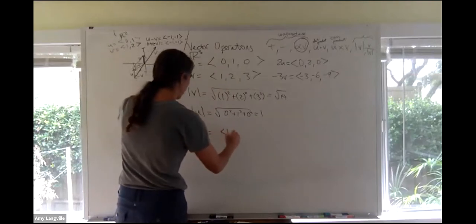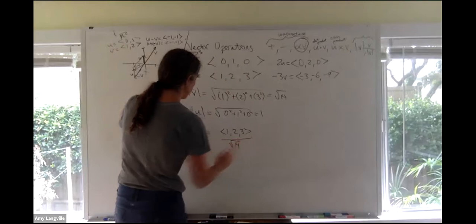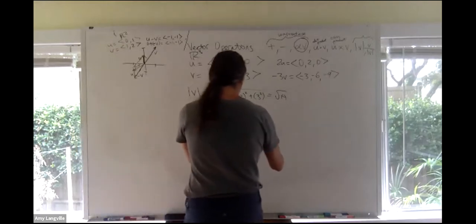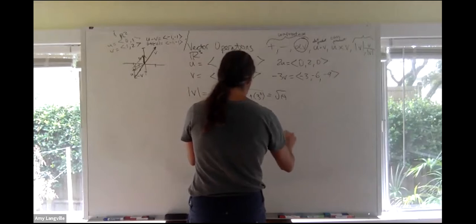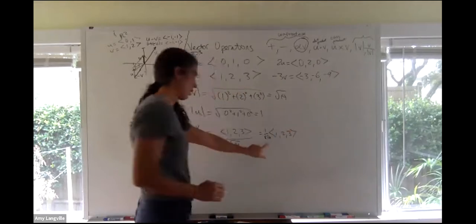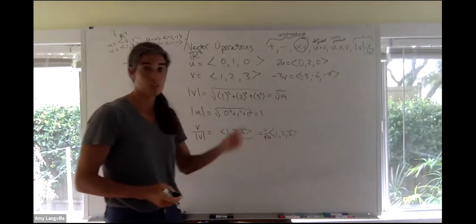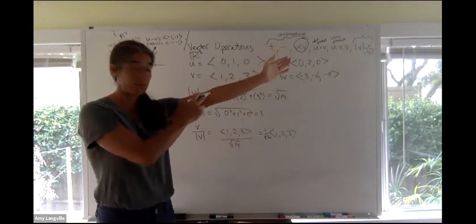So it would be the vector 1, 2, 3, divided by the scalar square root of 14, which is done component-wise. And so you could write it a couple of different ways. Just saying, I'm going to multiply the vector v by 1 over square root of 14, which again is going to force it to be length 1. It might have been shooting out much longer, and I'll just chop it off.